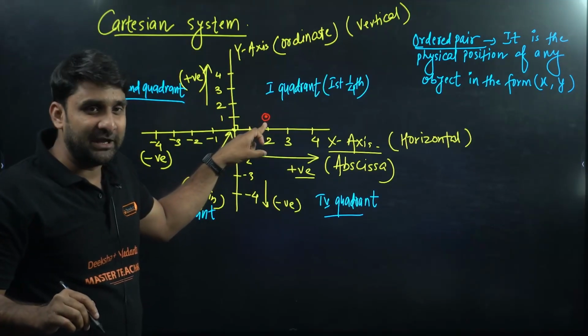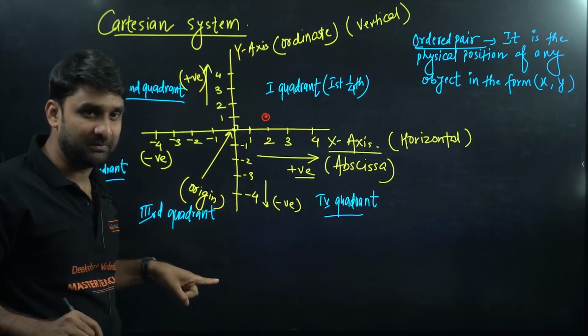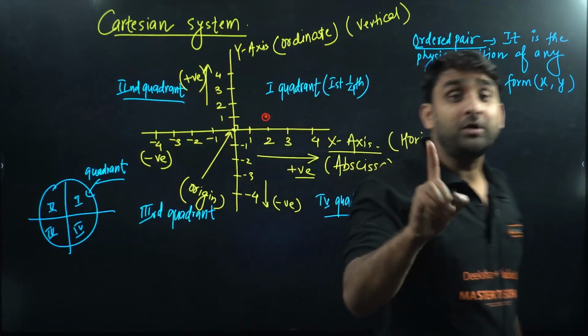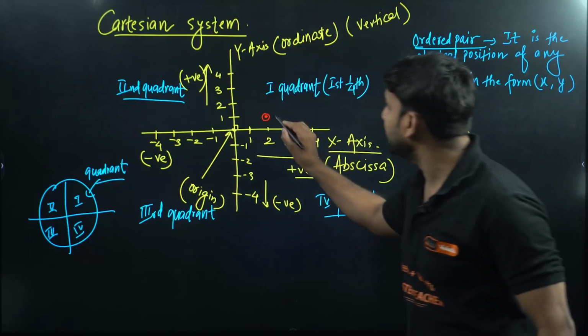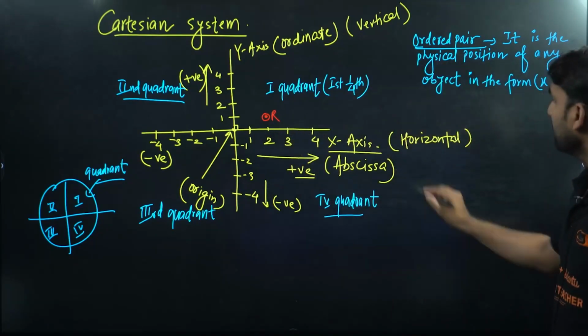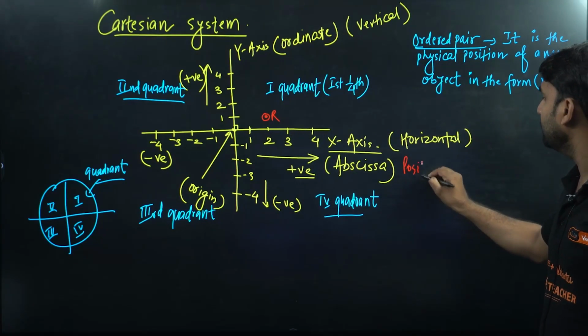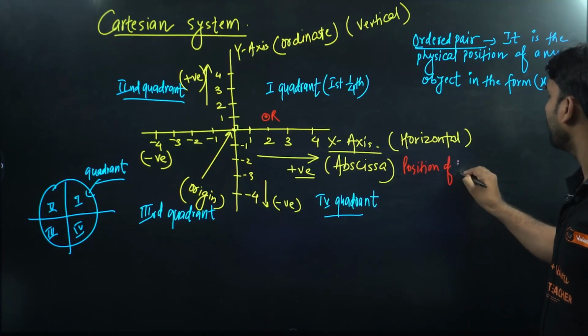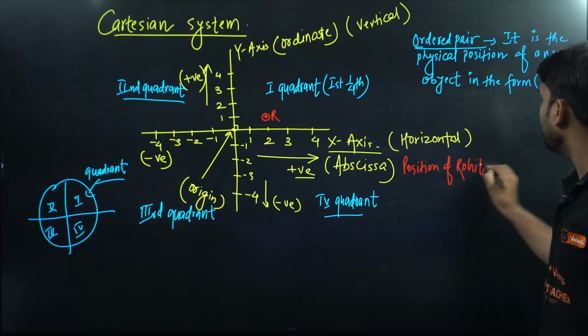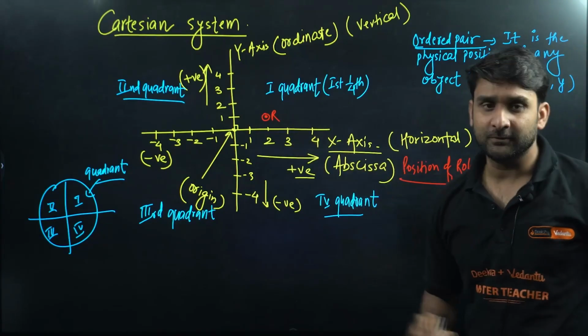Rohit is standing at this point on this Cartesian system. If I ask you, what is the position of Rohit? This is Rohit here, R means Rohit. My dear champion, what will be the position of Rohit?